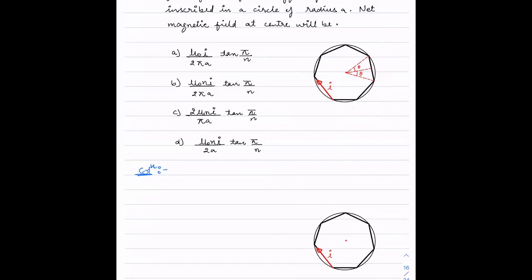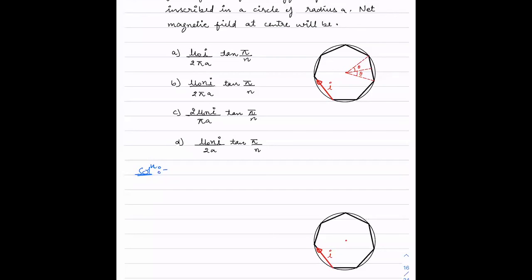This is not any particular polygon. This is a polygon of side n, so there is no side fixed. So you cannot write 360 divided by 9. You have to do 360 divided by the number of sides.